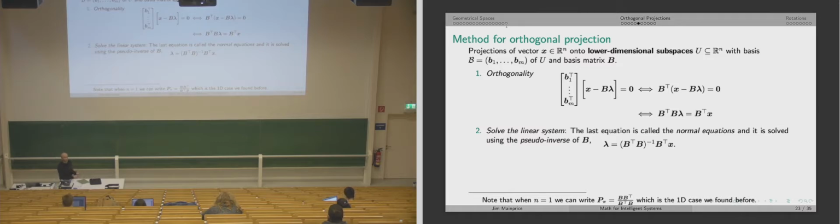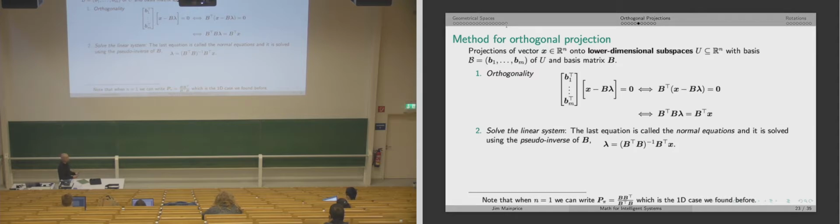So that result is super important for all sorts of stuff, especially in machine learning and data science. The pseudo-inverse of the data matrix leads to linear regression.